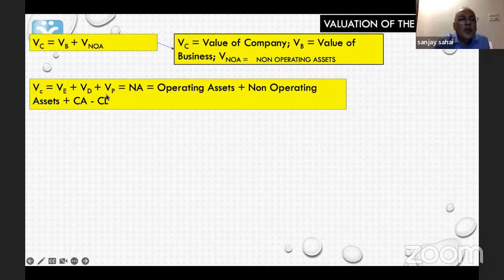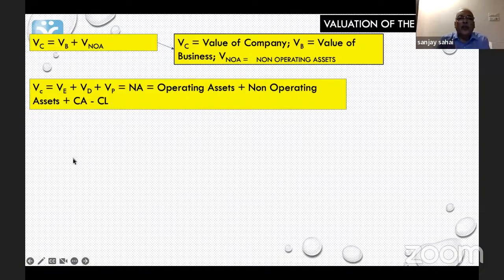So from the total, I am reducing the current liabilities. तो हमारे जो smaller liabilities हैं, maybe there are some suppliers who have not been paid, some employees have not been paid, some overhead costs have not been paid. तो ये जो liabilities हैं, इनको हम reduce कर देते हैं value से, because these are payable. And that gives me the total value of the assets.